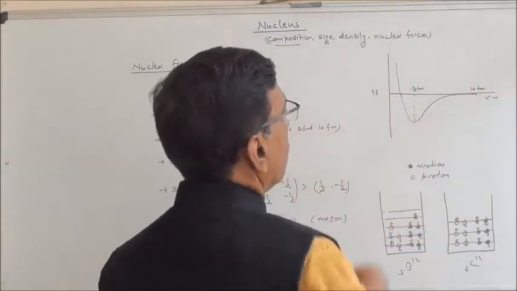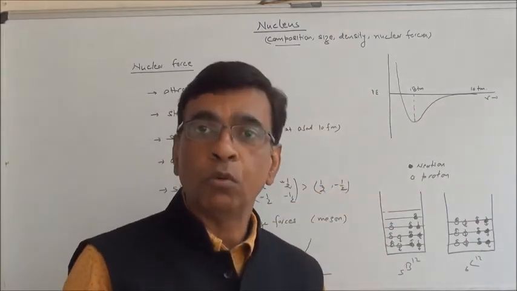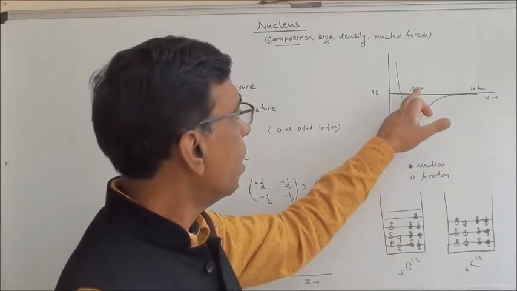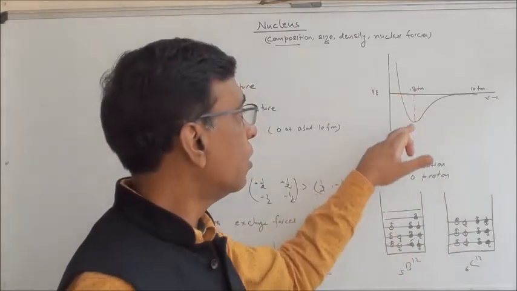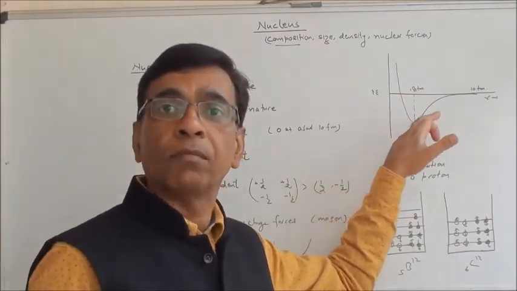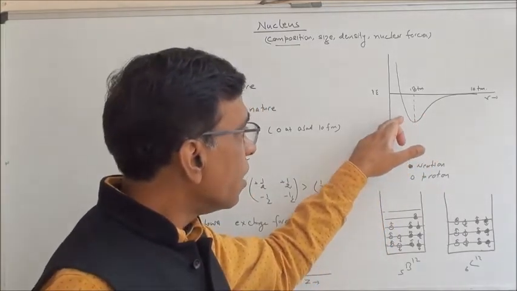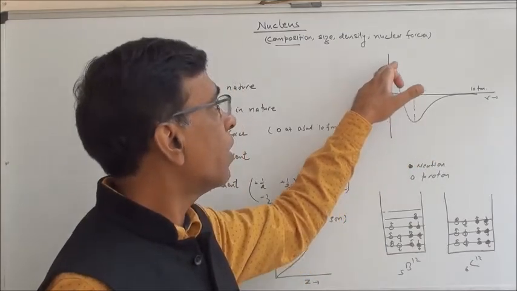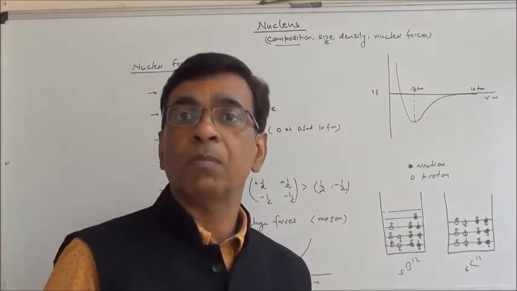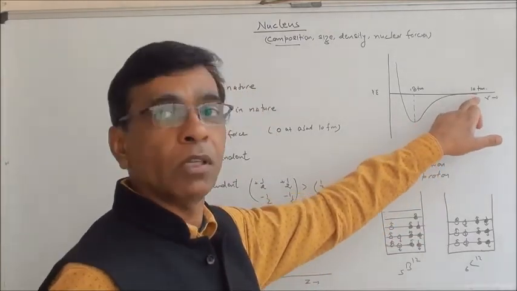If we plot potential energy versus distance between two nucleons, then at around 0.8 femtometer the potential energy is most negative, or minimum. If the distance is further increased, the potential energy approaches 0. And at smaller distances it is positive. Positive means repulsive force.